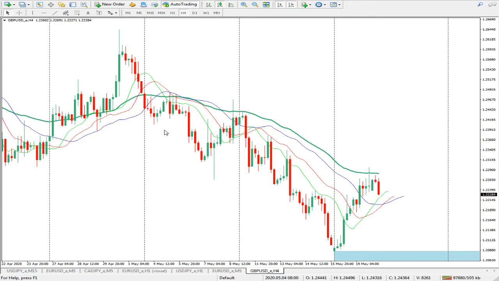Of course there's some trend line here. So this was just some resistance. We had a resistance, and we had a resistance come back in the recent past.